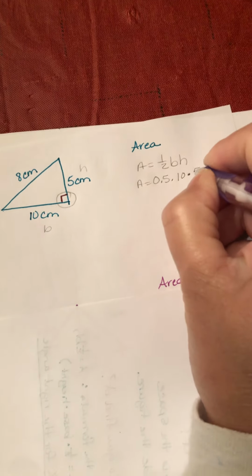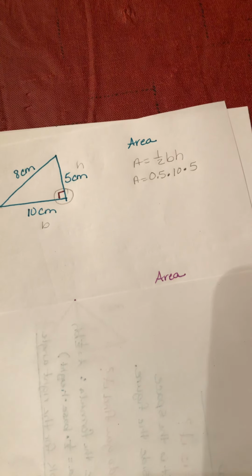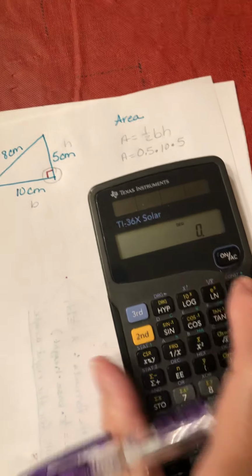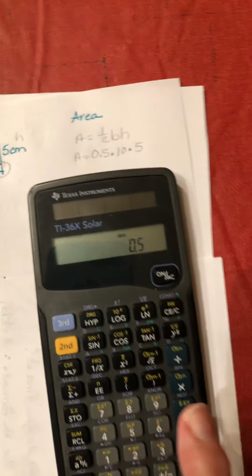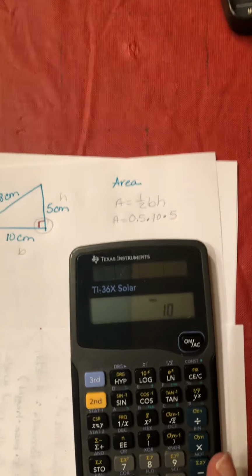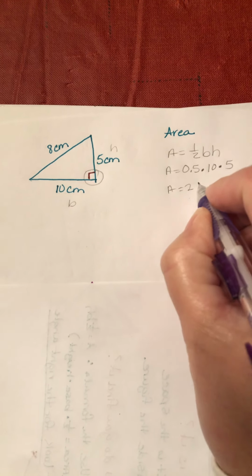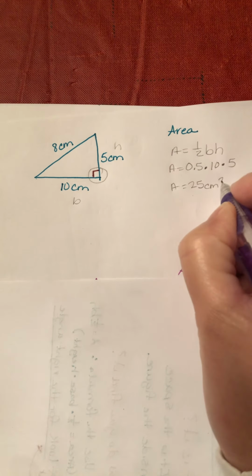So that's times 10 times 5. So again, grab your calculator. 0.5 times 10 times 5 equals, that's right, 25. So the area is 25 centimeters squared.